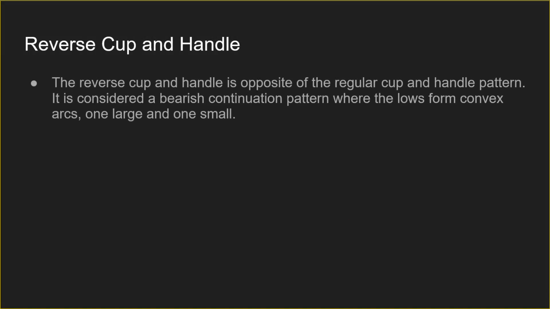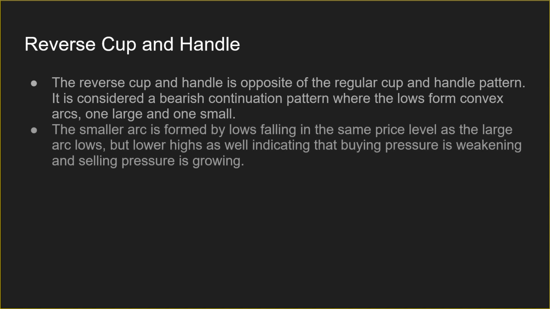So this is considered a bearish continuation pattern where the lows form convex arcs, one large and one small. The smaller arc is formed by lows falling in the same price level as the large arc lows, but with lower highs as well, indicating that buying pressure is weakening and selling pressure is growing.